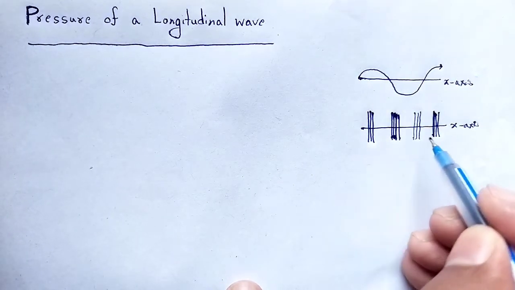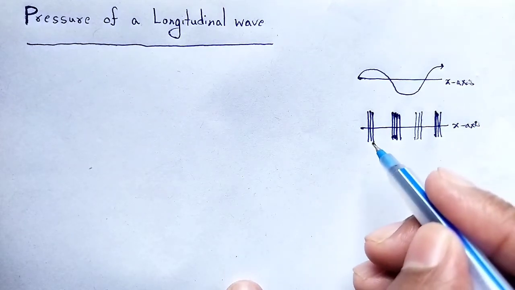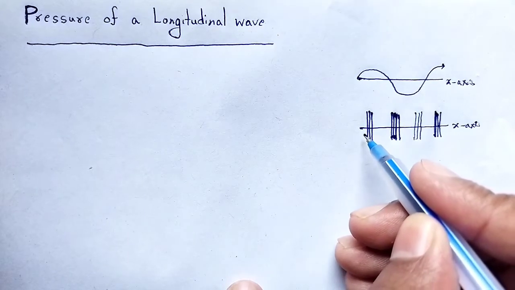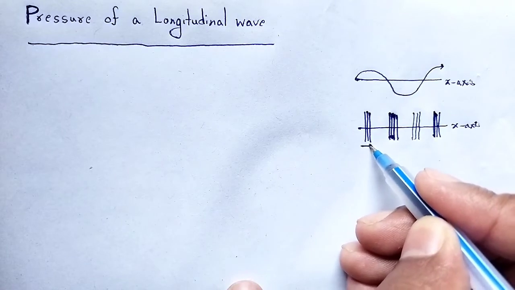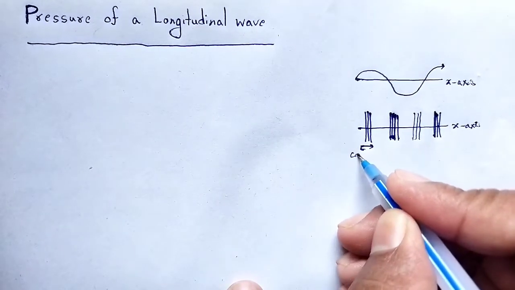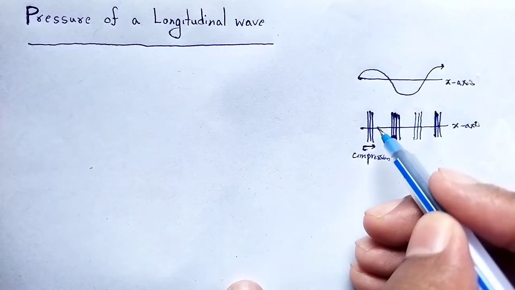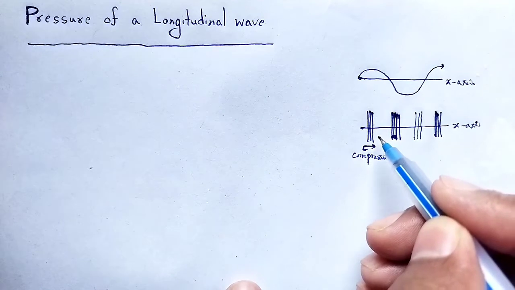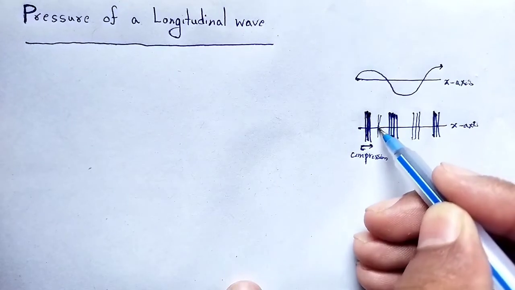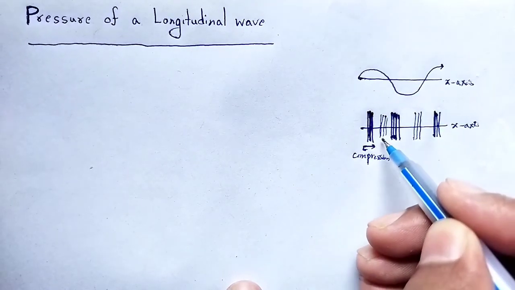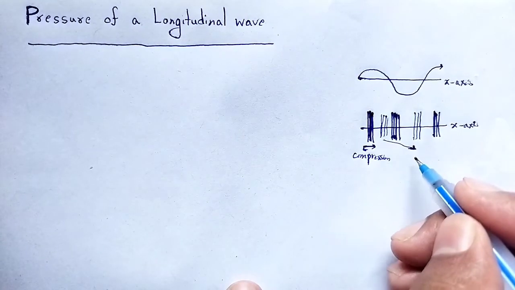But in the case of a longitudinal wave, there is a variation of pressure, as one region is compression, and that region is known as rarefaction.